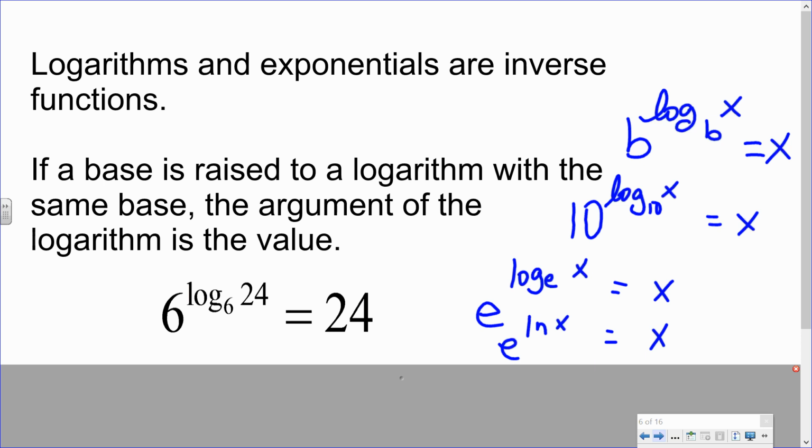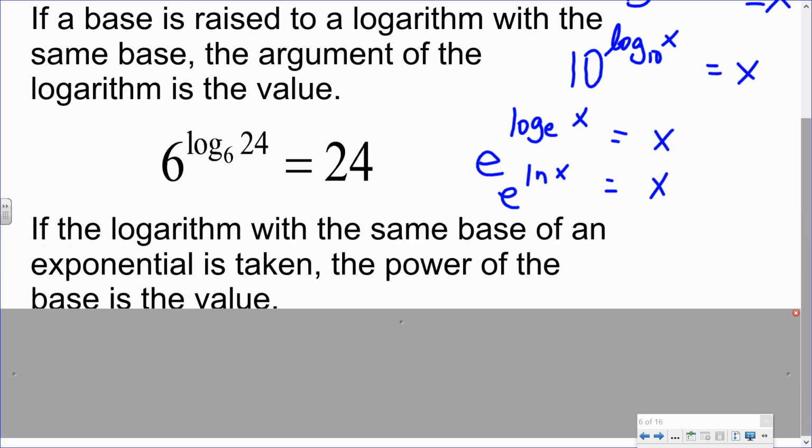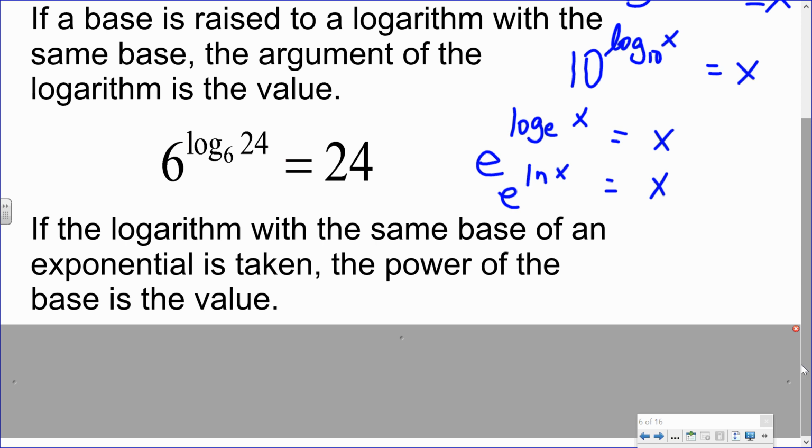We just saw f of g and g of f both have to get back to x, so this needs to also be true going the other way. And so going the other way, it becomes if a log has a base that is the same base as something with a power, then the value of that is the power. So the log can come first. Log base b of b cancels out, and we just have the exponent.